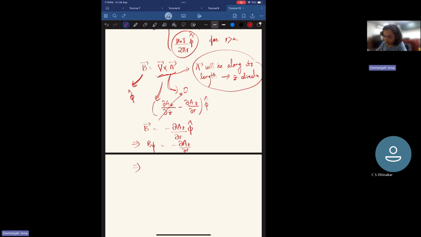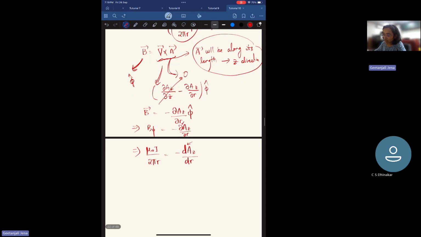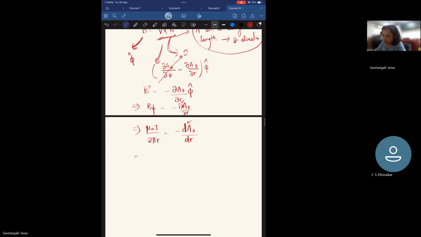Let us put the value of B. B is mu naught I by 2 pi r. This is minus of dAz by dr. You can replace the partial with the total derivative because A only has a Z component.